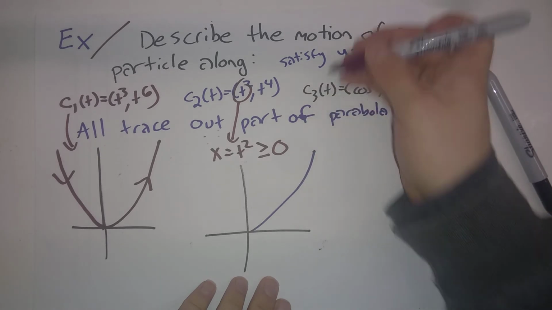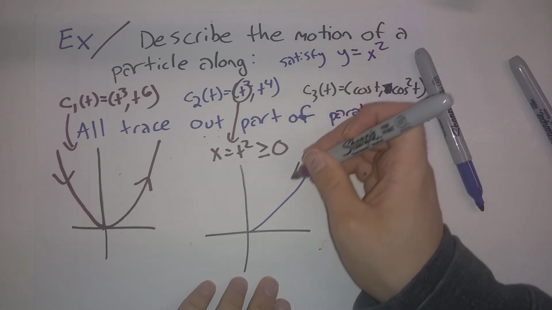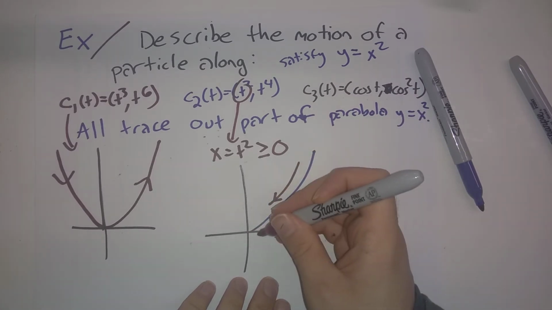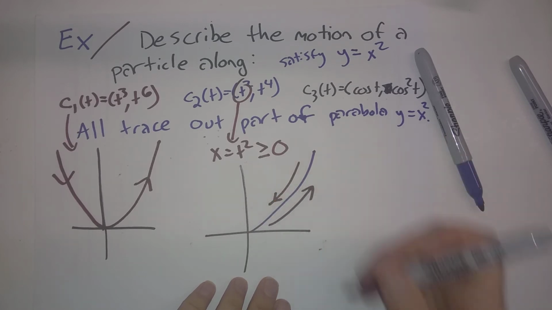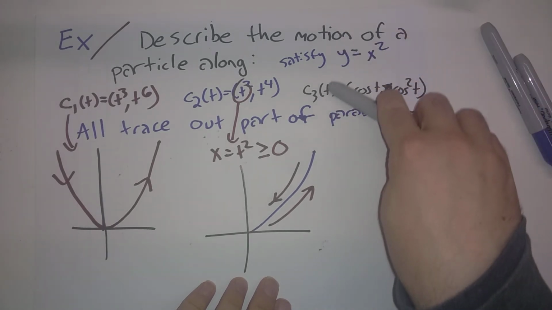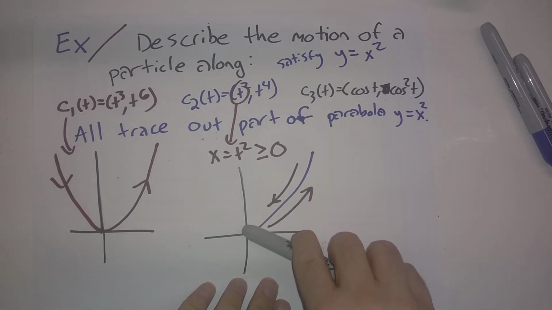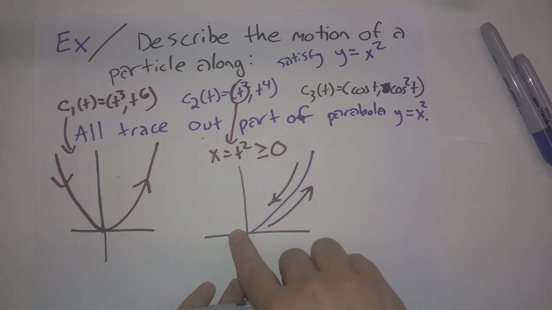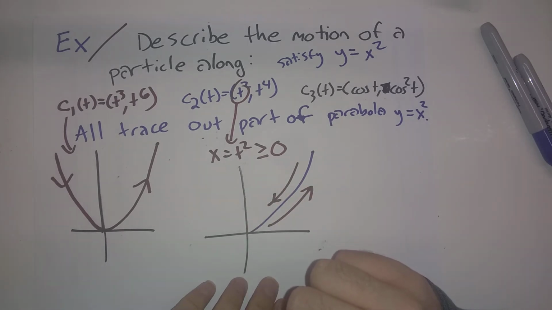As t is negative and increasing, x is decreasing, we come along here once, we hit 0, and then t is still increasing, and then we go back out. So when t is minus 10, minus 9, and so on up through 0, 1, 2, 3, 4, 5, we go in and then we go back out, because x can never be negative since we're squaring t.